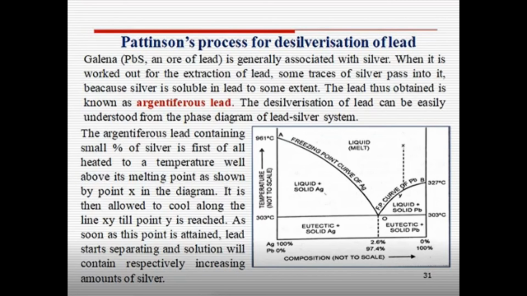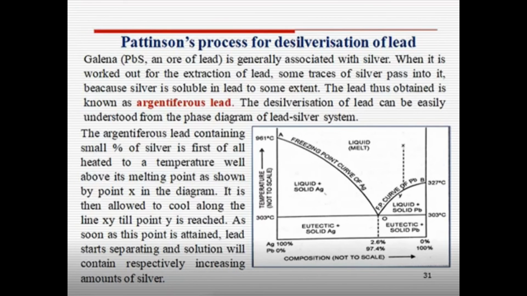It is then allowed to cool along the line represented by dots, that is XY, till point Y is reached. As soon as point Y is attained, lead starts separating and the solution will contain increasing amounts of silver.